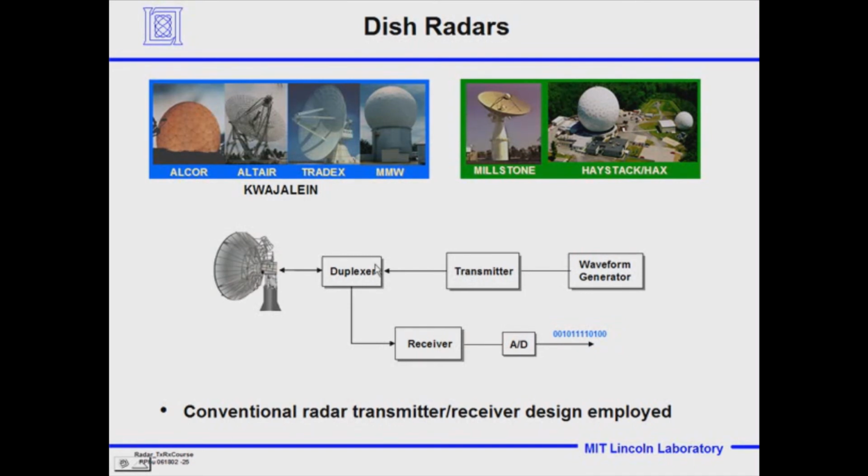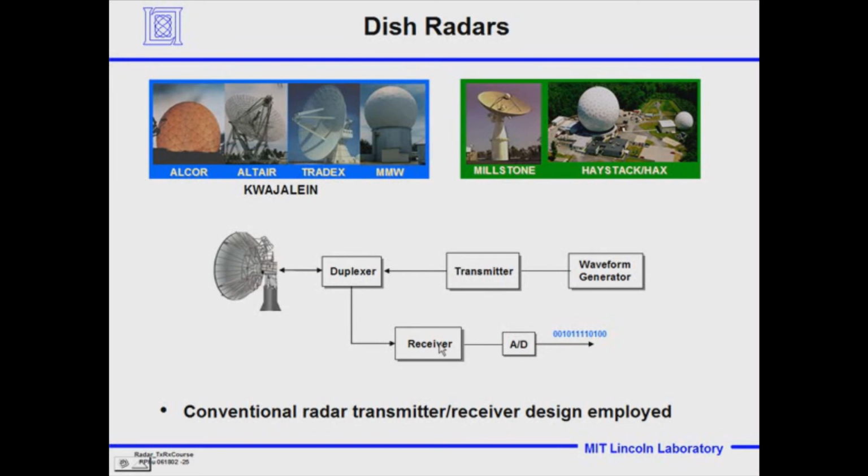They are really the simpler ones in terms of a block diagram structure and how the block diagram looks. They're really simple, obvious: the waveform generation, a big transmitter like that big room I showed you at Millstone, or that S-band transmitter with the traveling wave tubes, a duplexer, a switch, and then out a big dish.